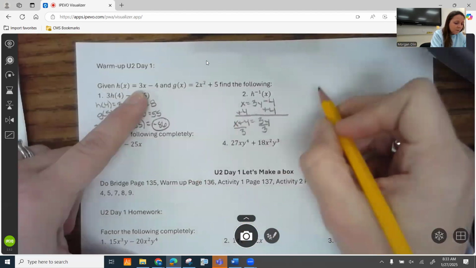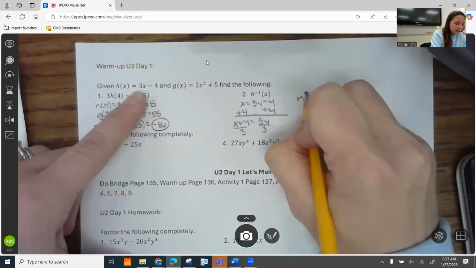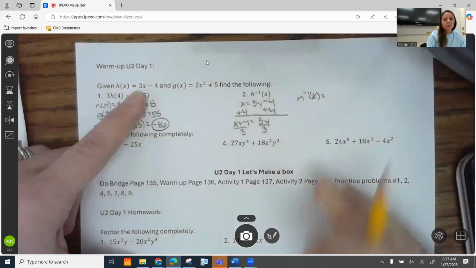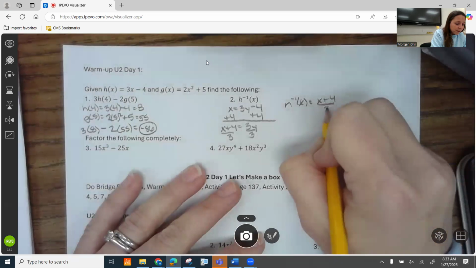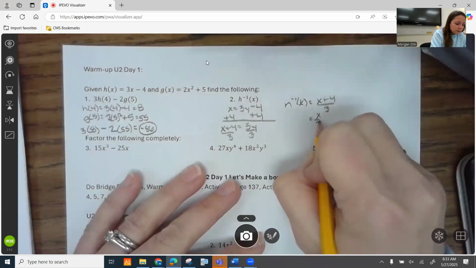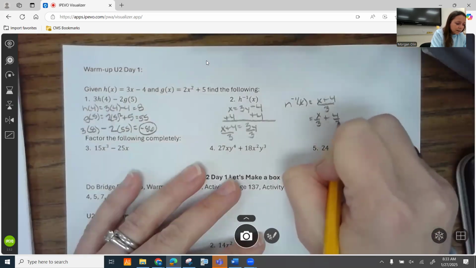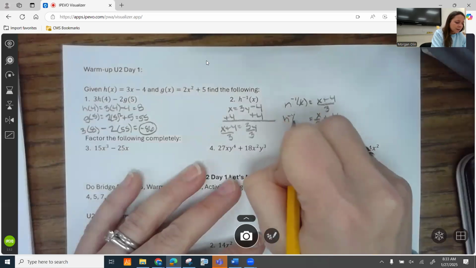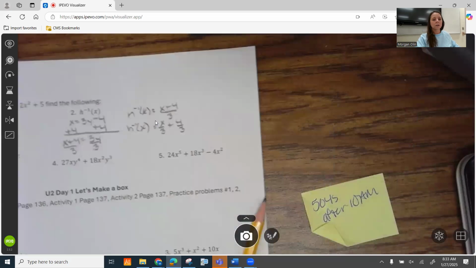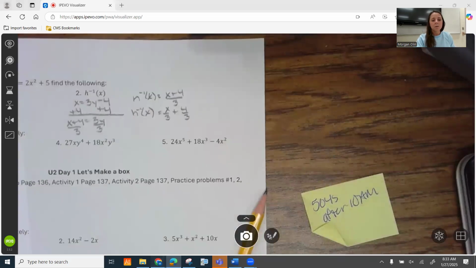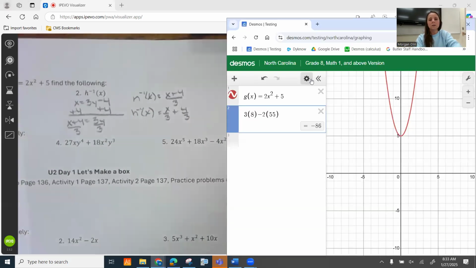Now, you could write this out multiple ways. We could say the inverse of h equals x plus 4, all divided by 3. You can also do x over 3 plus 4/3, like that. That's another way to write it as well. Now, if you're checking it, we can go to our calculator and check it.